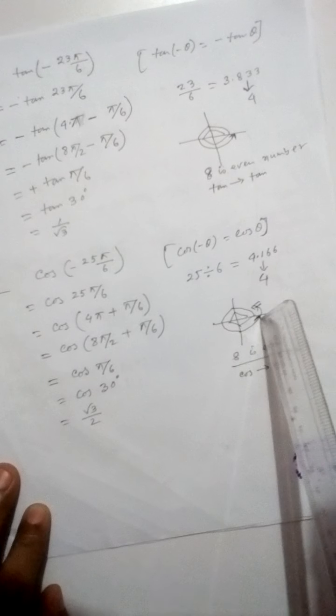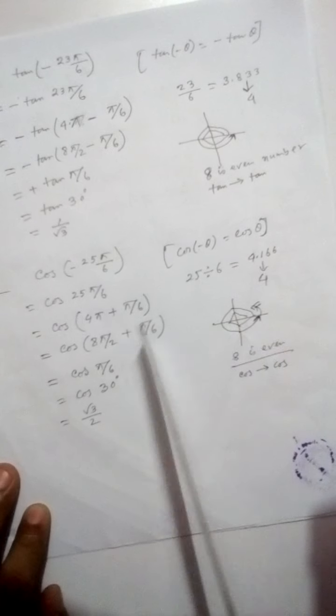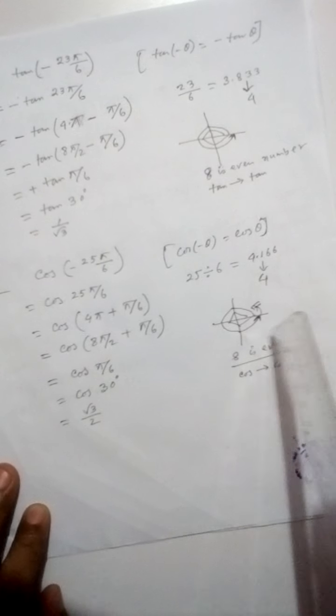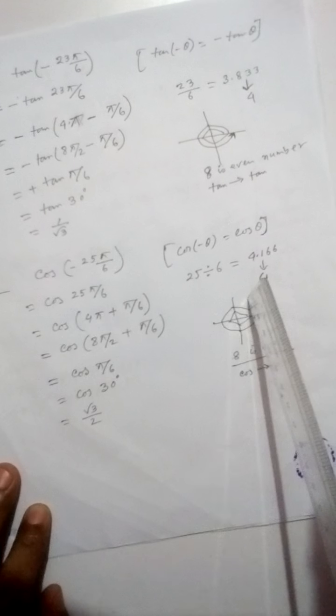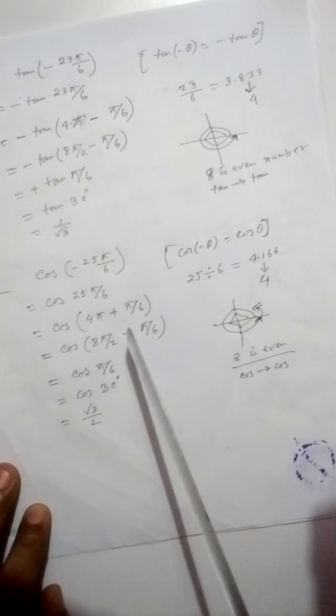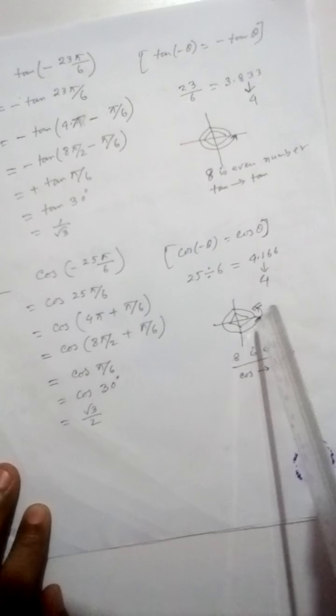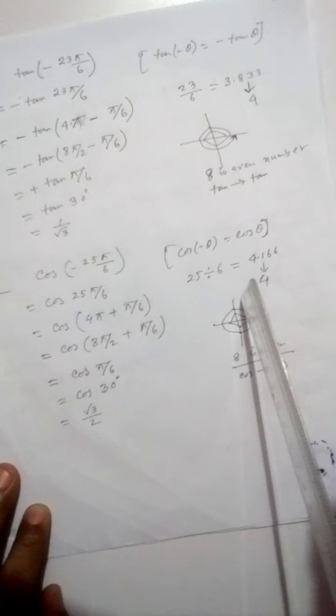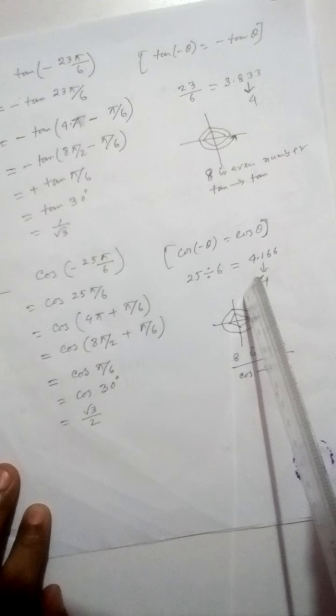It attacks the fourth quadrant, but here we use the plus sign, so it passes through to the first quadrant.